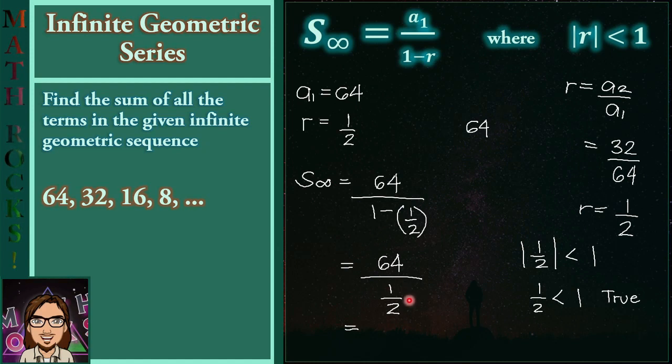So meaning we are just interchanging the position of the numerator and denominator. So here we have 1/2, and we will be writing this as 2/1, or simply 2. And multiplying 64 with 2 gives us 128. So that means that the sum of the infinite terms of this infinite geometric sequence is 128.